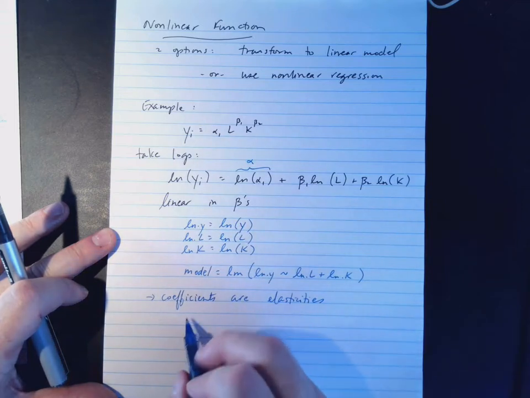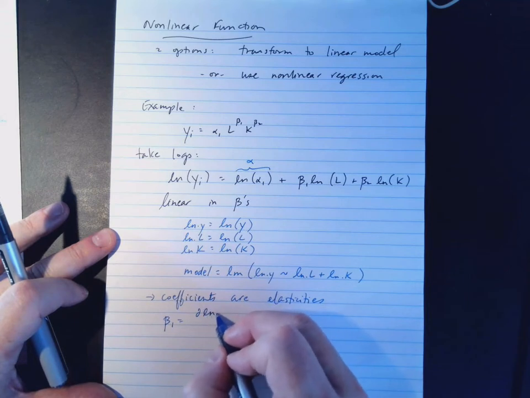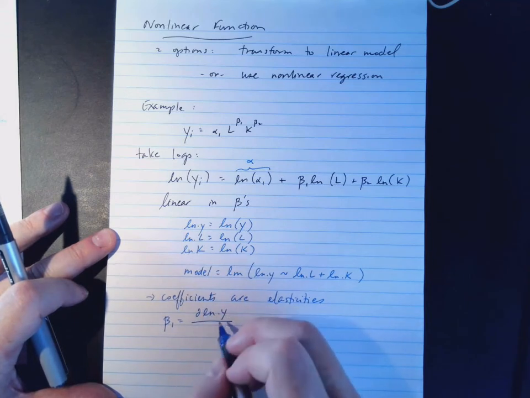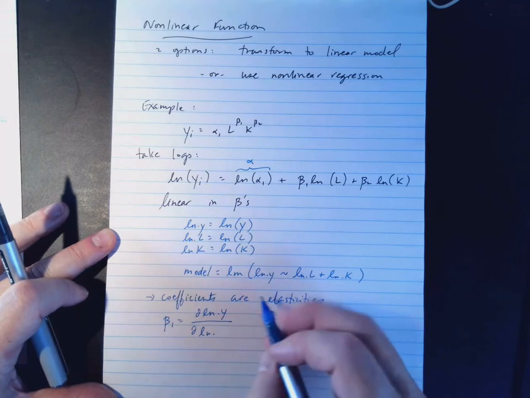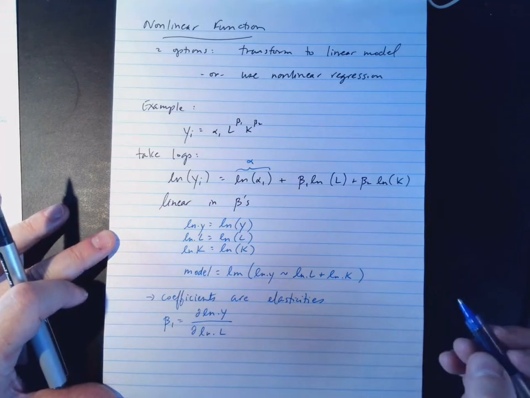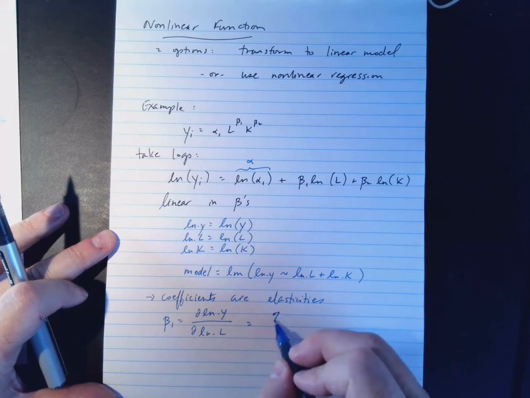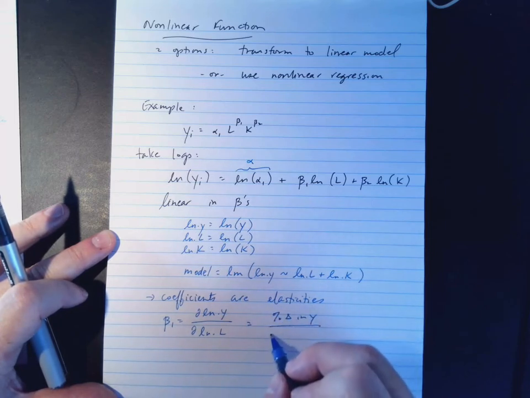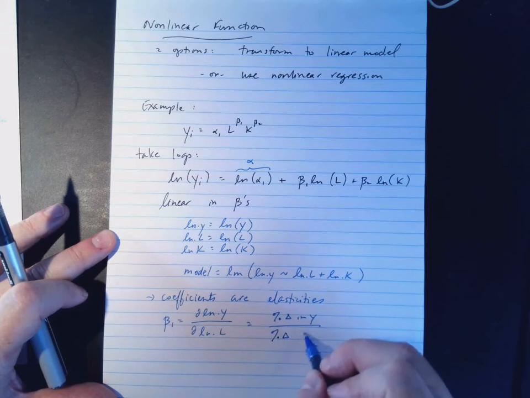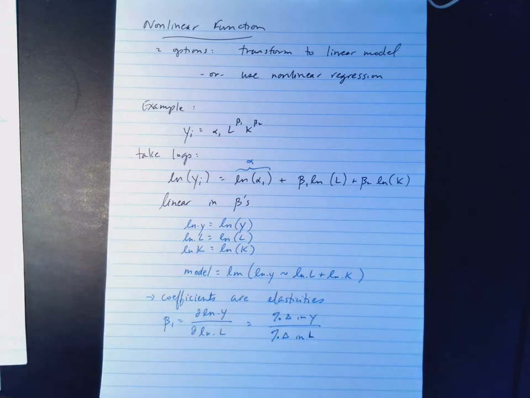Okay, so beta 1 equals the derivative of the log of y with respect to the log of L. And that equals the percent change in y divided by the percent change in L. So it's an elasticity.